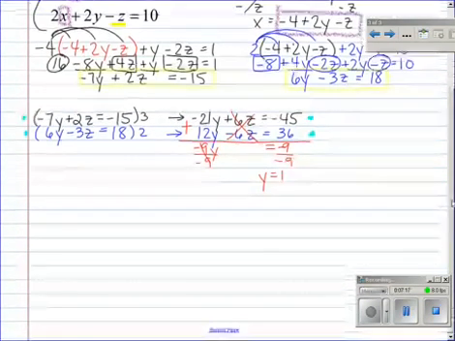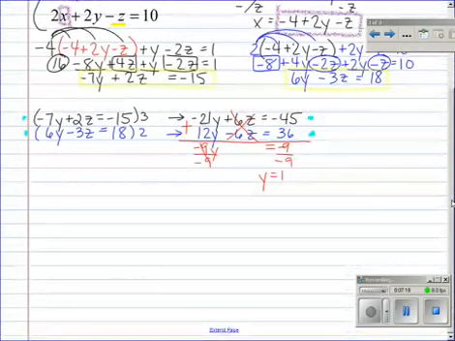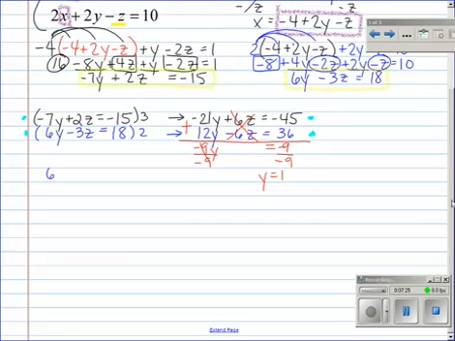Because now that we know that y equals 1, if we go back to that equation that I originally wrote in blue, that would be 6 times 1 minus 3z equals 18. Simplify. 6 minus 3z equals 18. Subtract 6.